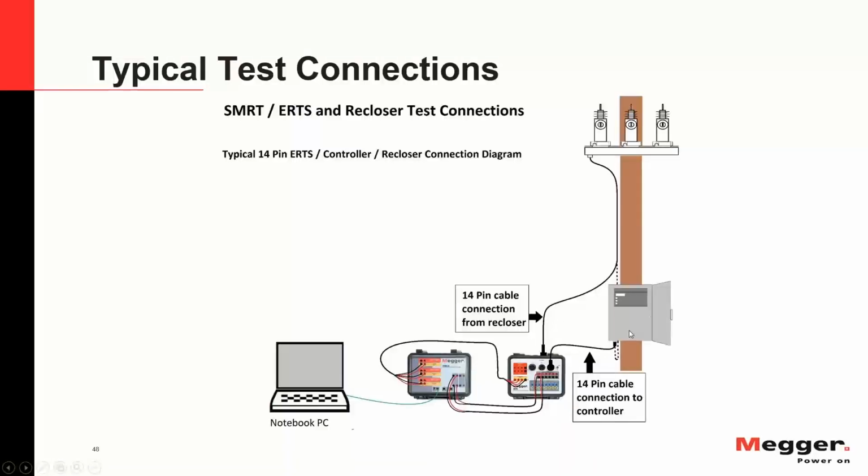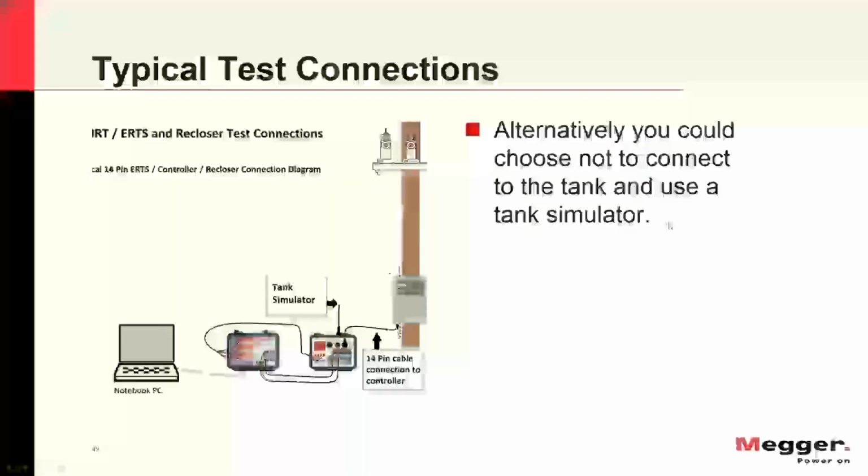Sometimes, however, you do not want to test the mechanism. Sometimes you only want to test the controller. In those cases, you can use a tank simulator, and you can connect that tank simulator directly here to a connection box or a test set that can take the analog signals and provide a feedback into the relay of what's the status of the breaker signals.